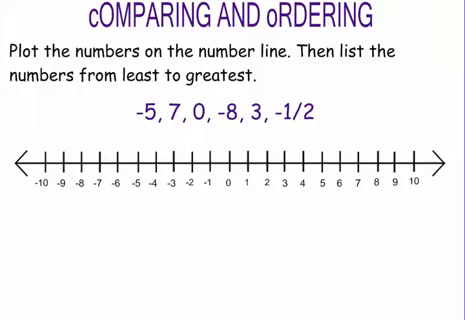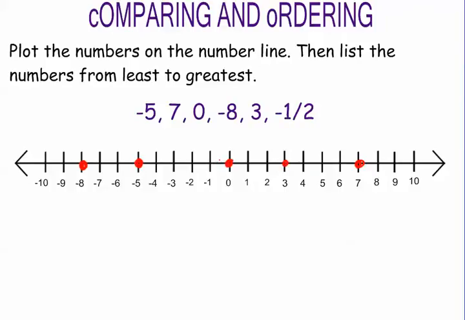So let's move to what's in your notes now. Let's compare these numbers. First I want you to plot them, and then we're going to list them from least to greatest. I'll do one with you. So we've got -5 here, then 7, and 0, and -8, 3, and then a -1/2.